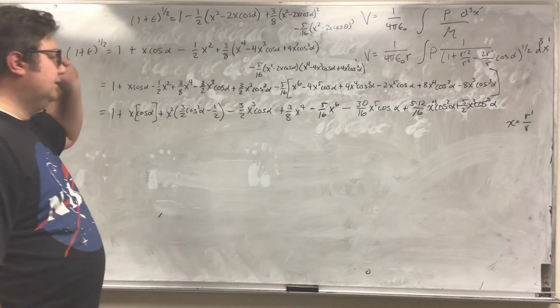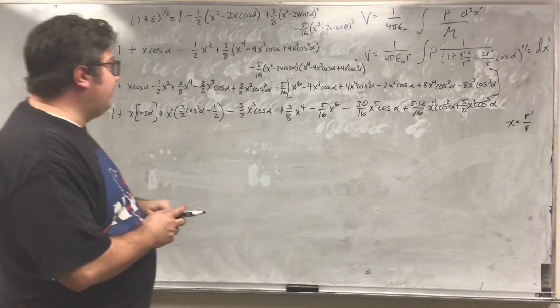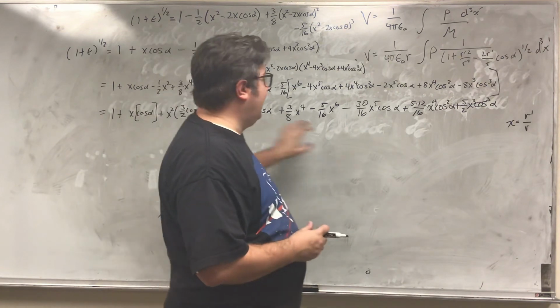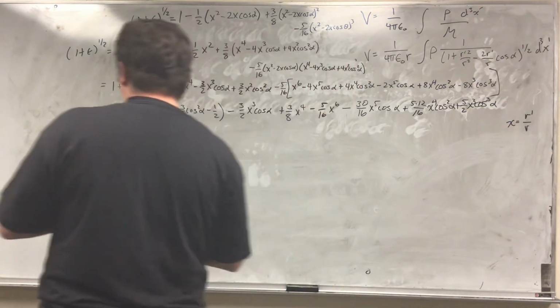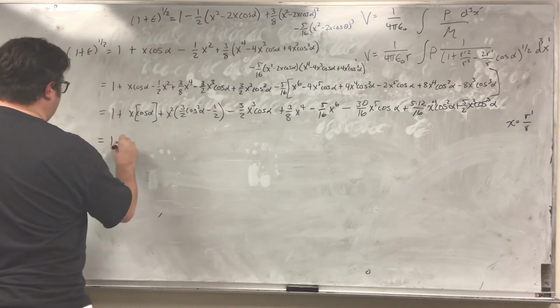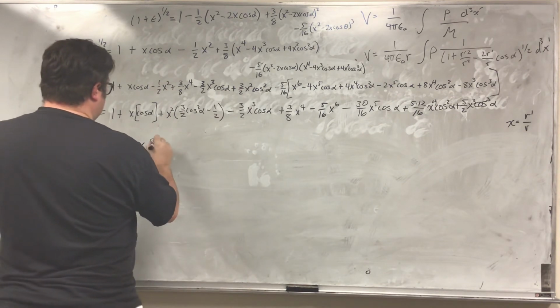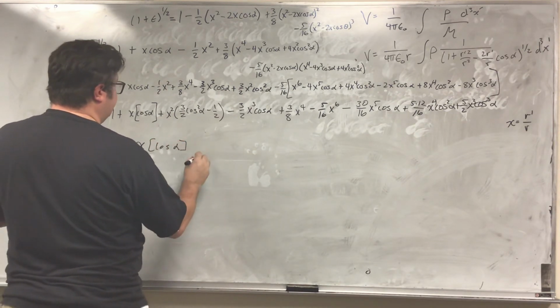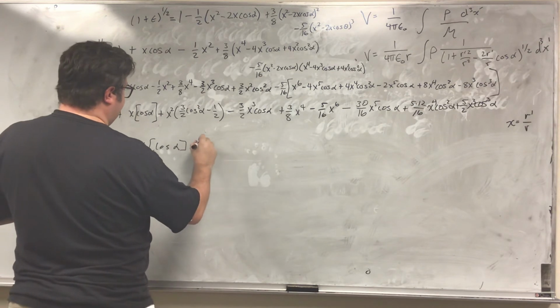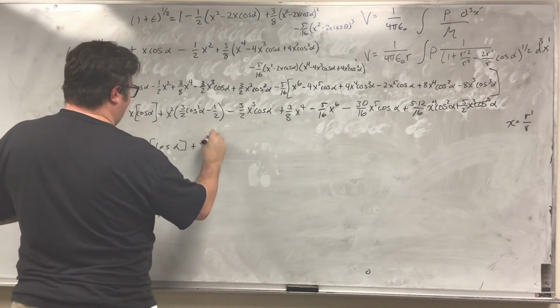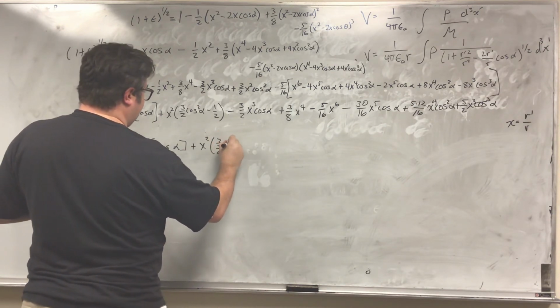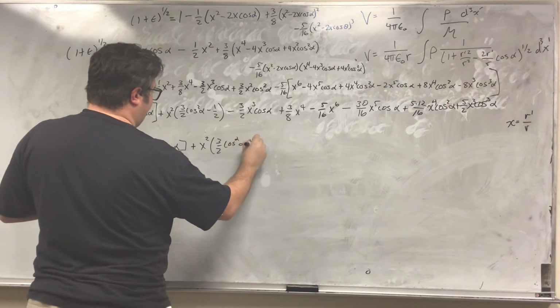Okay. All right, so now let's group the x cubes together and see what happens there. 1 plus x cosine alpha plus x squared (3/2 cosine squared alpha minus 1/2).